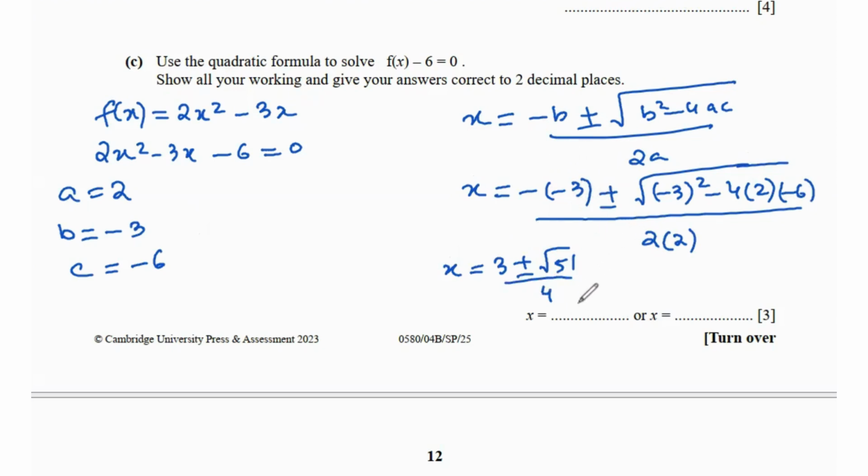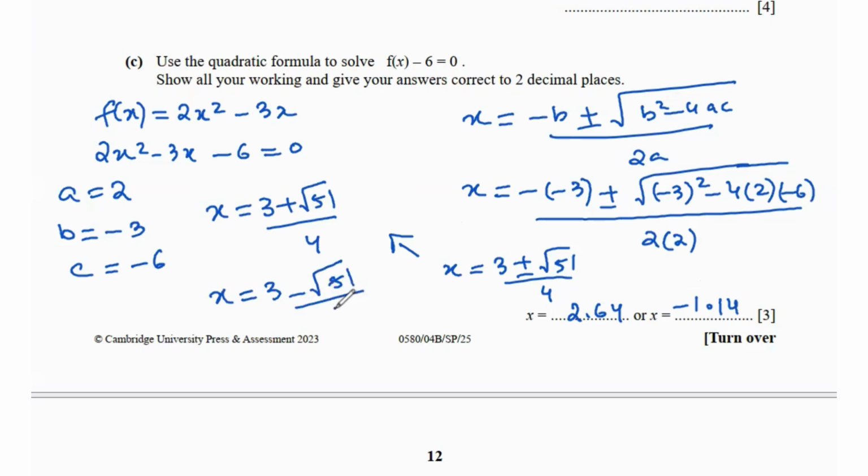So one value of x is coming out as 2.64 corrected to 2 decimal places, and the other would be negative 1.14. What you would do is split this into two fractions. One would be x equals 3 plus root 51 over 4, and the other would be 3 minus root 51 over 4. And then you would solve them separately, and that would give you two values of x for this quadratic equation.